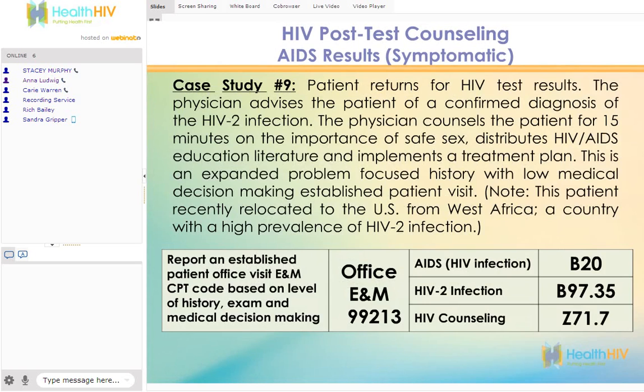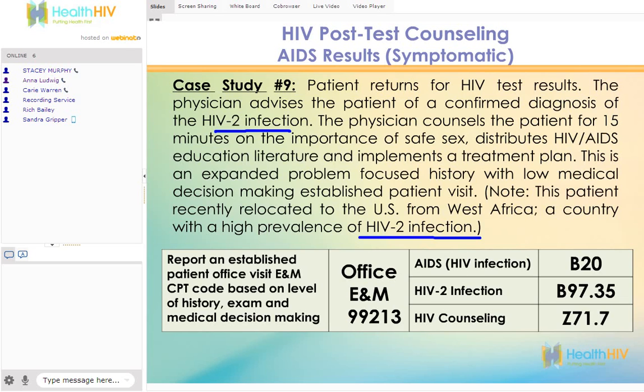This patient comes in and presents for their results, and the physician advises the patient that they have the HIV-2 infection. We said that the HIV-2 infection is not common here in the U.S. So there's a note here at the bottom that says the patient recently relocated from West Africa, which is one of the countries that has a high prevalence of the HIV-2 infection.